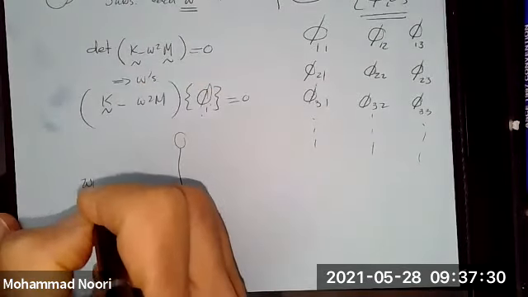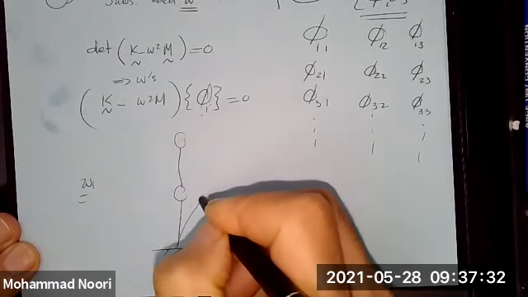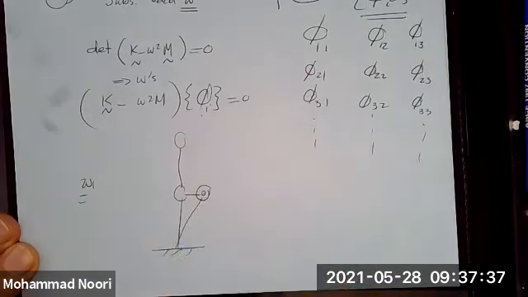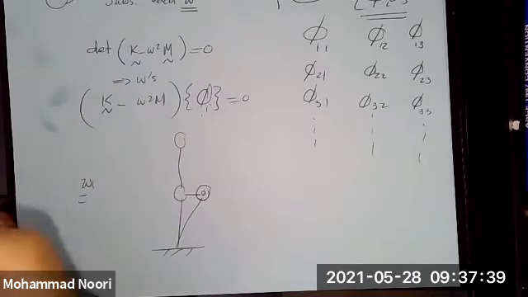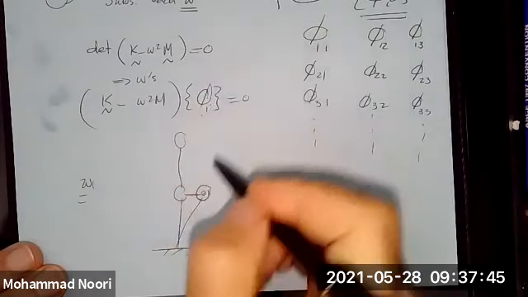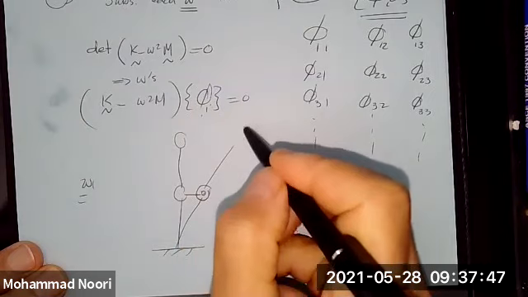For omega 1, you eliminate one of the equations, you only find the relative displacements, in other words the ratio of the 2 unknowns, and this is what resulted.